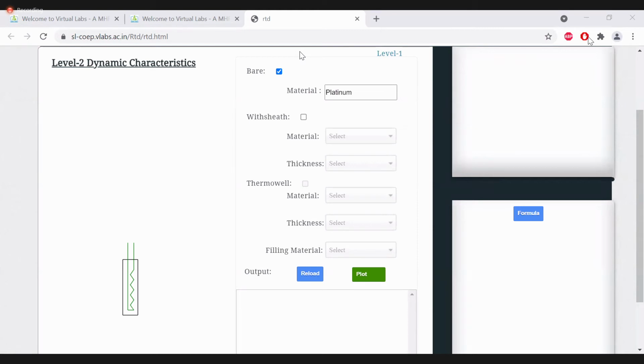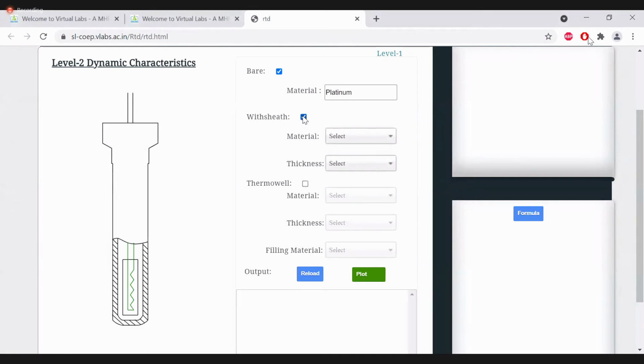Students, after selecting the bare material platinum, you have to select with the sheath and observe how the figure changes. After selecting the bare material, only the material appears on the left side. After selecting the sheath, you will get the outer surface of the RTD.